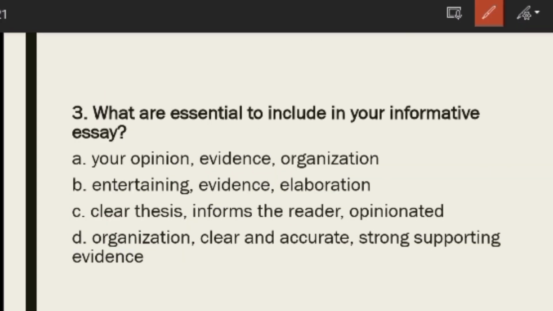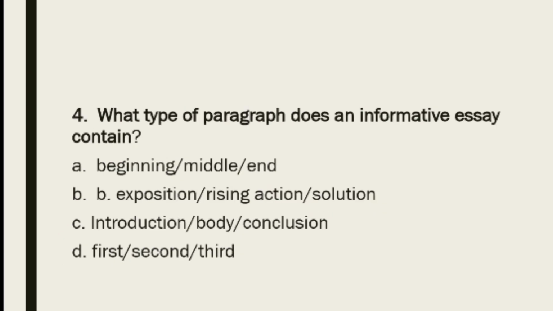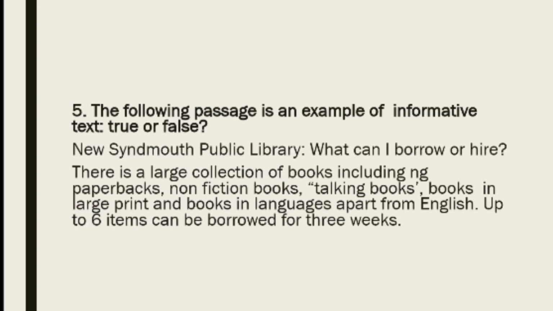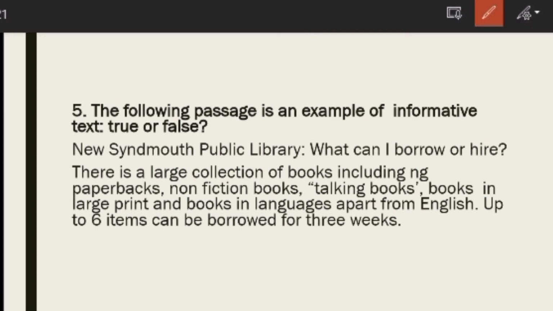Number 3, answer is D, organization, clear and accurate, strong supporting evidence. Number 4, the correct answer is letter C, introduction, body, and conclusion. Then the last question, the correct answer is, this is true.